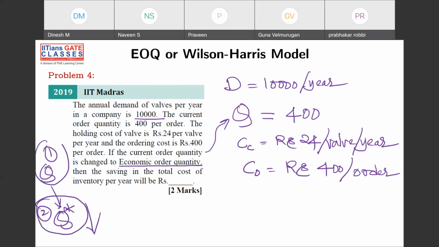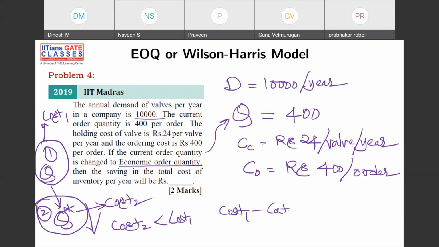Ordering this quantity has some cost 1, and ordering economic order quantity gives some cost 2. Obviously cost 2 will be less than cost 1. So the saving is cost 1 minus cost 2. That is your saving, and that is what they're asking.